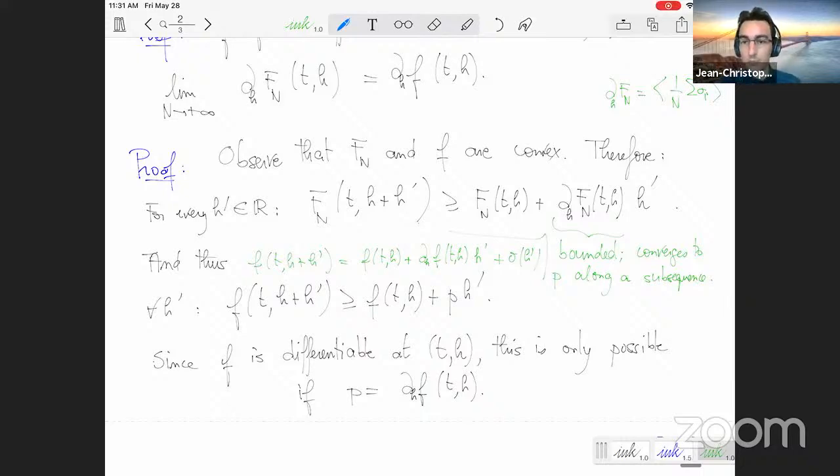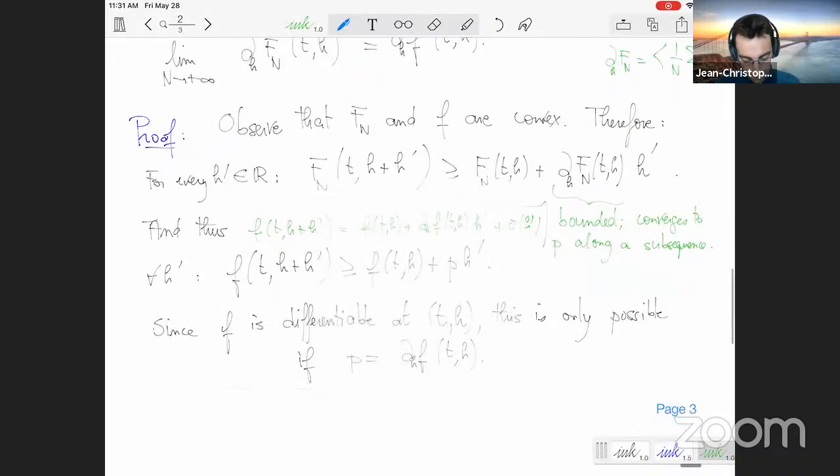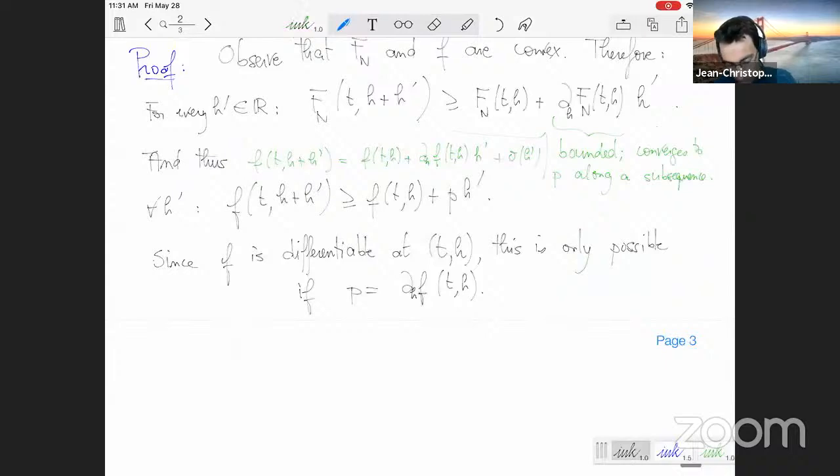Okay, so I'm just leaving it like this, but I hope it's clear. So that's the end of the proof. Maybe I'm going to mark it like this.